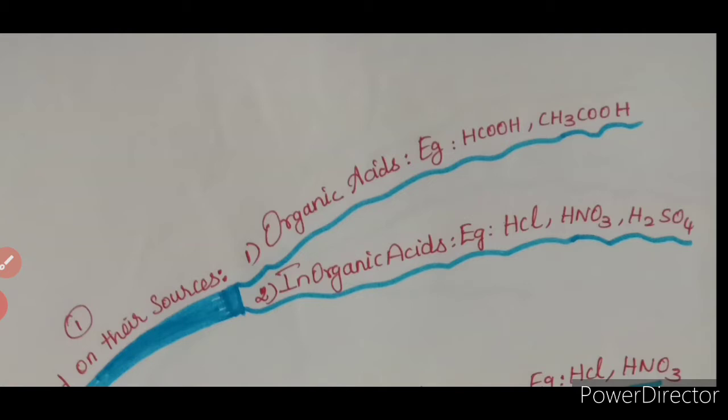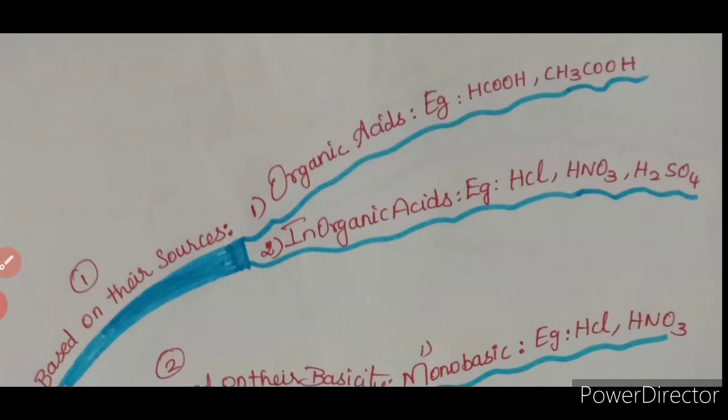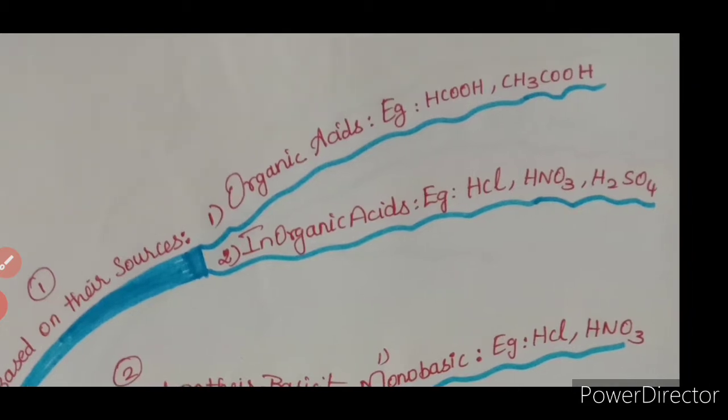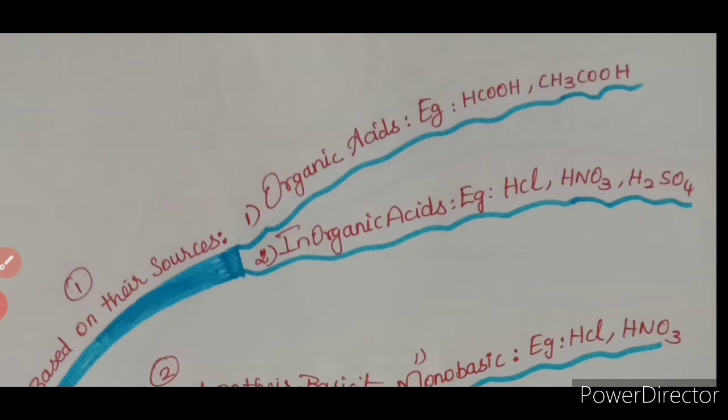Okay, so the examples are HCOOH, that is formic acid, and CH3COOH, acetic acid. The second one is inorganic acid, that is, it is prepared with the help of other chemicals. The examples are hydrochloric acid HCl, nitric acid HNO3, and sulfuric acid H2SO4.